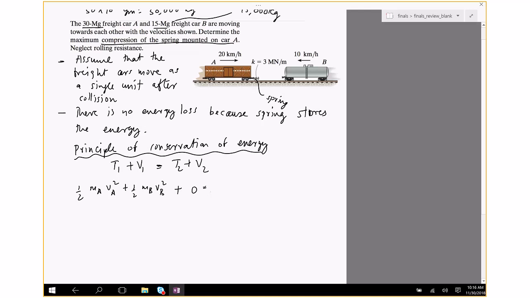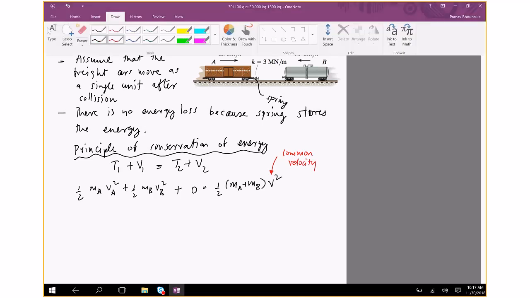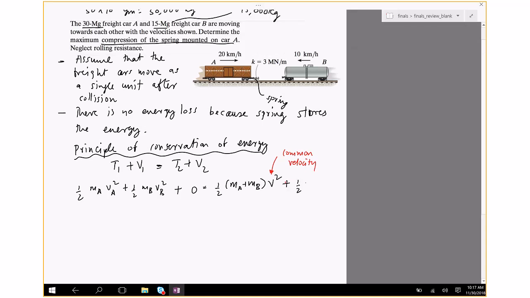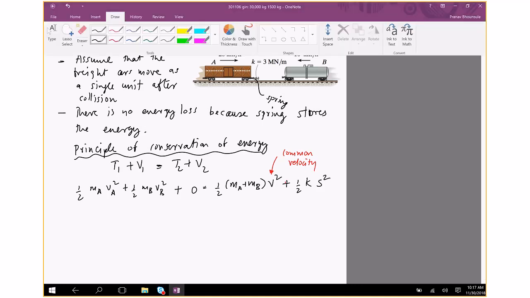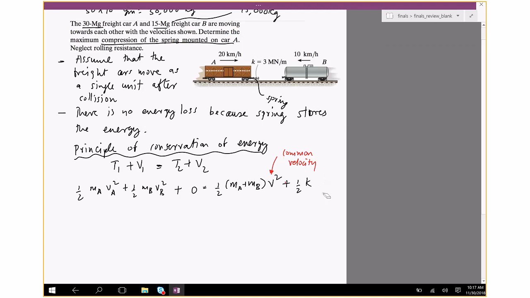Since the two blocks or two freight cars move as a single unit, the kinetic energy after collision is going to be half (ma plus mb) times v squared, where v is the common velocity, plus the energy stored in the spring, so half k s squared, or we can write it as x squared because this is motion in the x direction.